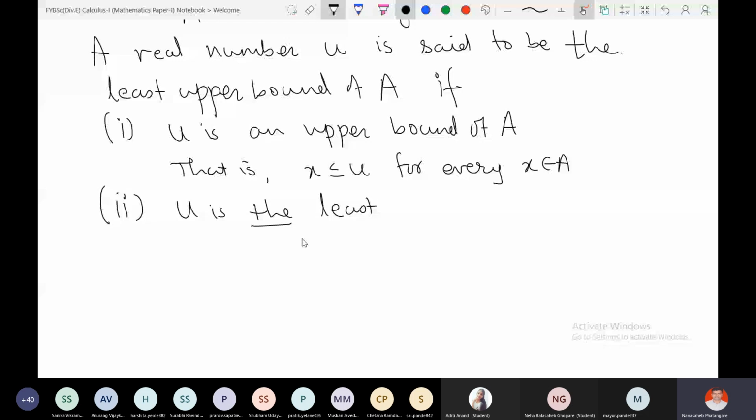So what is the least upper bound? The least upper bound is an upper bound basically, and then it is the least among all other upper bounds of A. What does that mean?